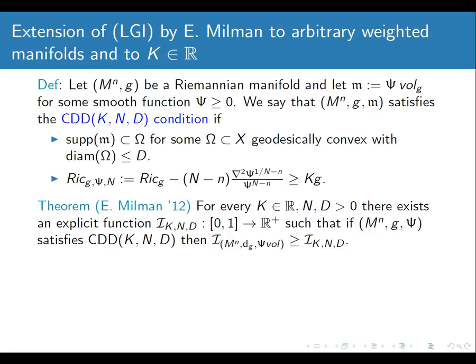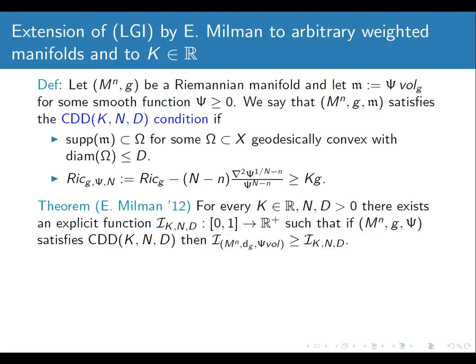Actually for negative curvature the situation is a bit more tricky, because if you do not impose any upper bound on the diameter, then the inequality becomes trivial. You don't have any more a strictly positive lower bound on the isoperimetric profile function. So he cleverly thought to impose this upper bound on the diameter, and introduced the so-called curvature dimension diameter condition. Here there is an additional D compared to the curvature dimension condition, and the capital D plays the role of the upper bound on the diameter.